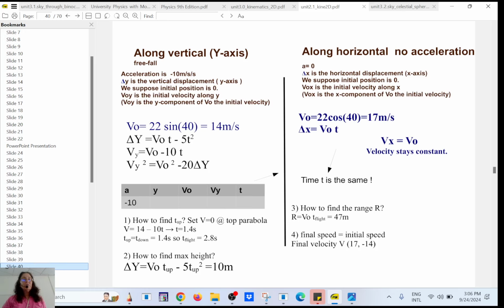So how do we find the maximum height? We say that at the top, the velocity equals 0, right? That will be also to find the time it takes to go up, which is the same time it takes to go down. So that's a review for the test, right? If you toss something up, you slow down, stop, and speed up.